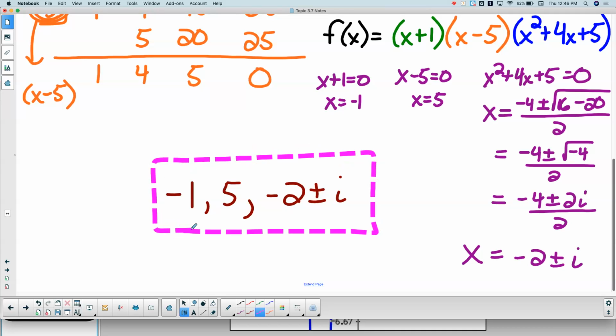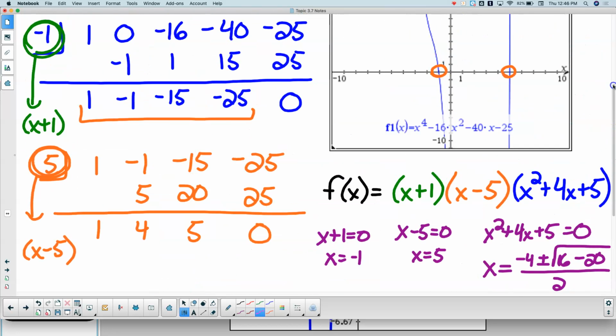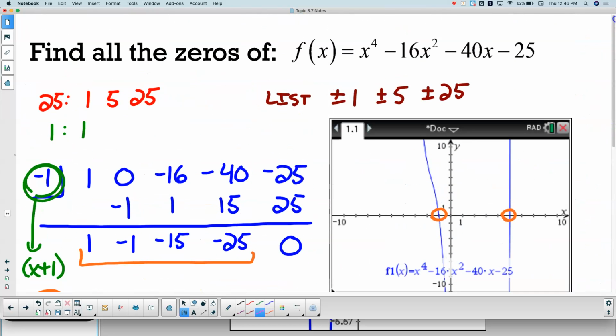Okay? So reading directions is going to be key from now on, because I could have said factor this one completely, and then we would have stopped at this rainbow colored f of x up here. I could have said give me the list, and then we would have stopped way back up here at the list.